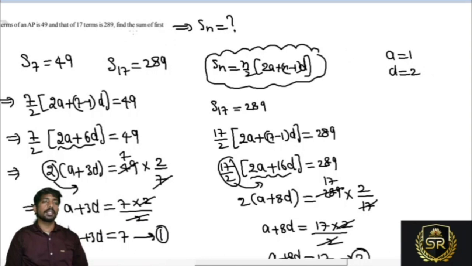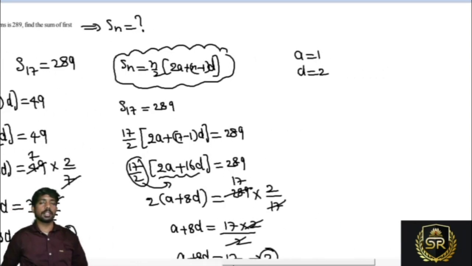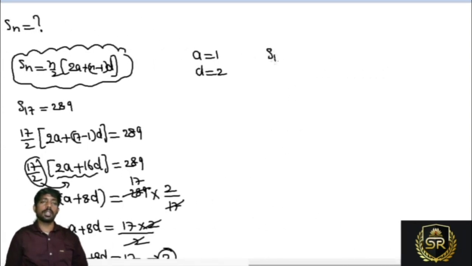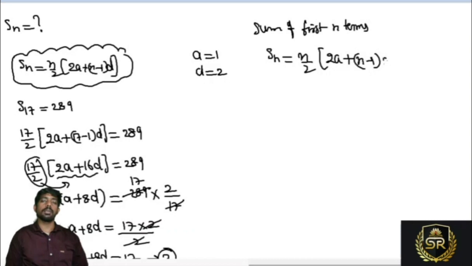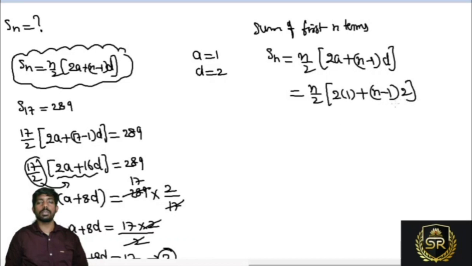So what is it asking? The sum of the first n terms is asked. The formula is Sn is equal to n by 2 into 2a plus n minus 1 into d, right? So n by 2 into 2 into 1, plus n minus 1 into 2.